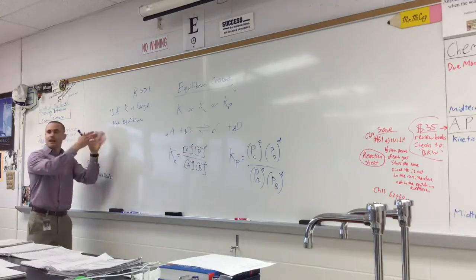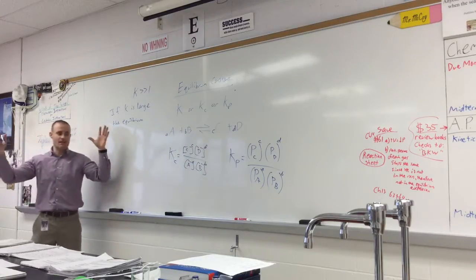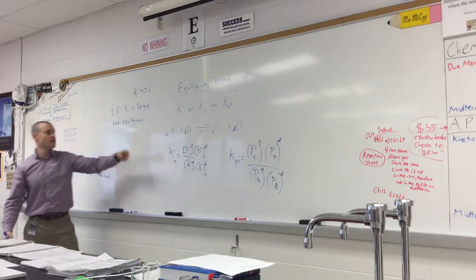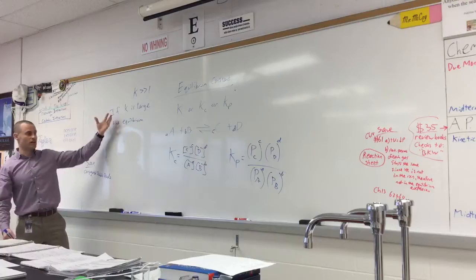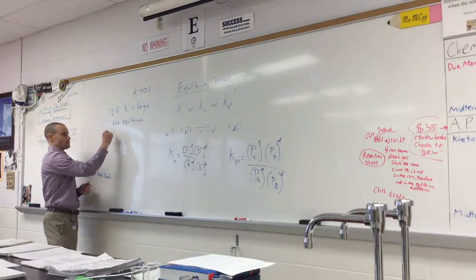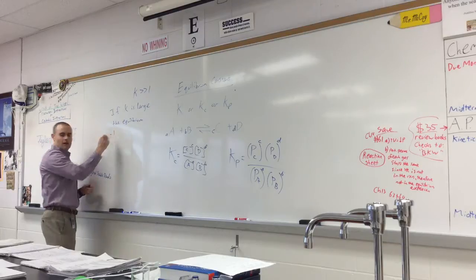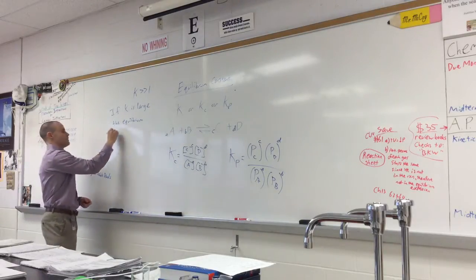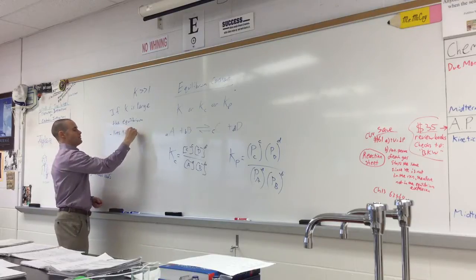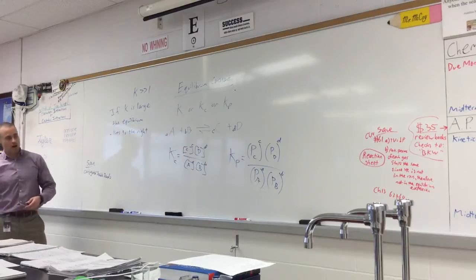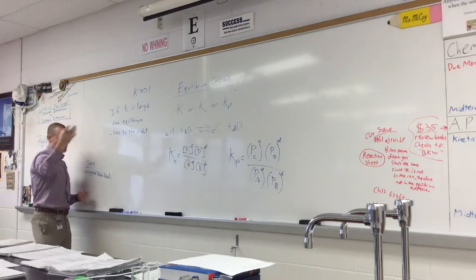So you just have to know a couple general ideas before we get into the practice problems. This is one of them, how to solve for K. And in general, you need to remember this relationship. If K is large, equilibrium lies to the right, or lies towards the products. I know that sounds weird, but that's the terminology.